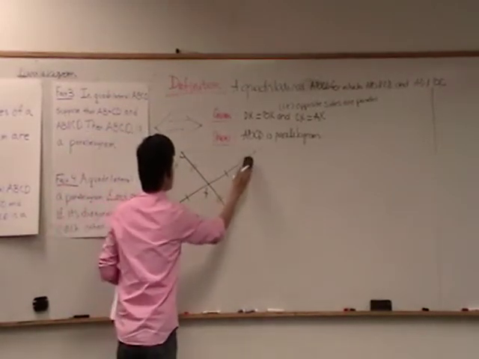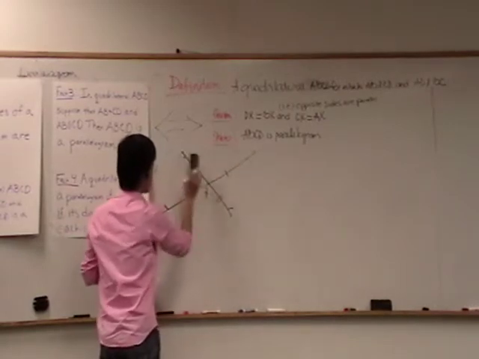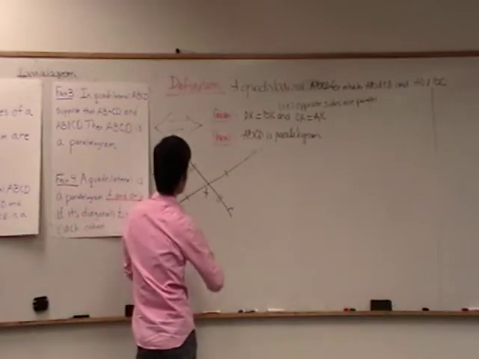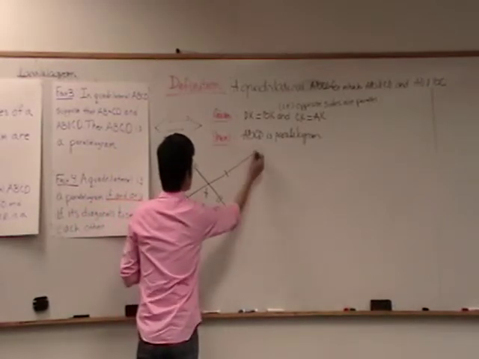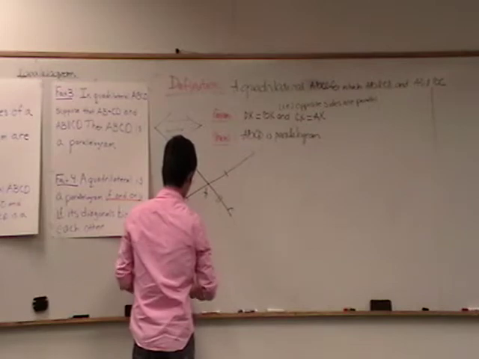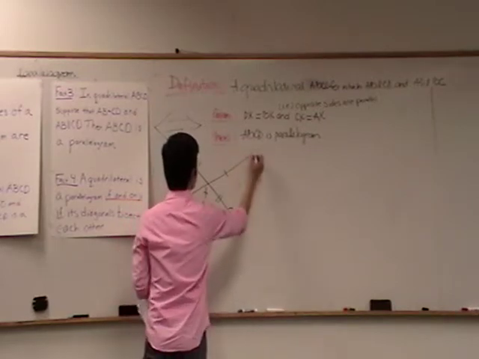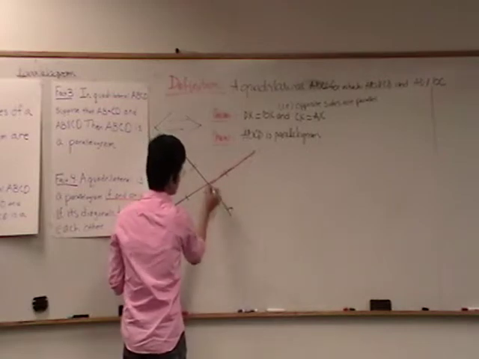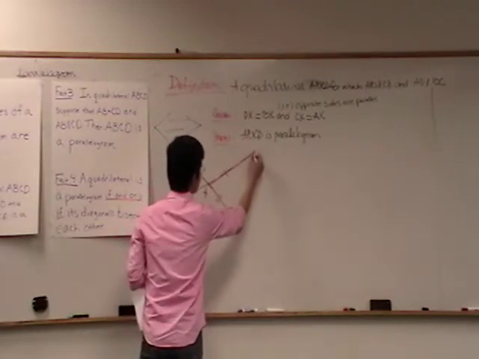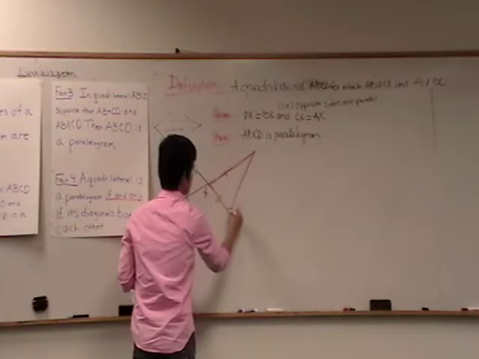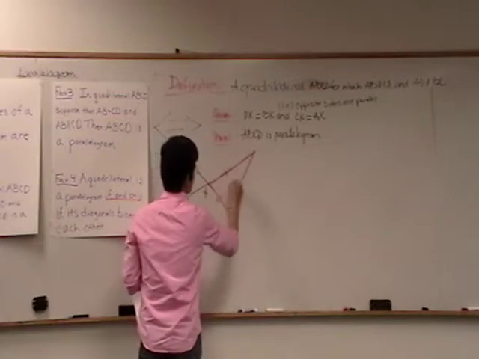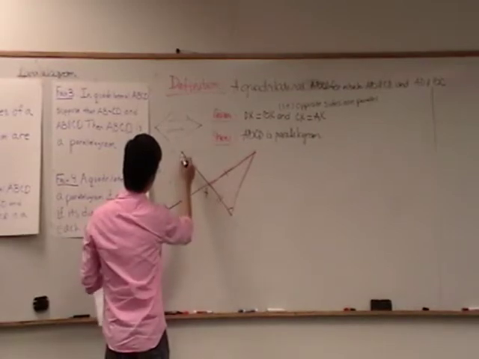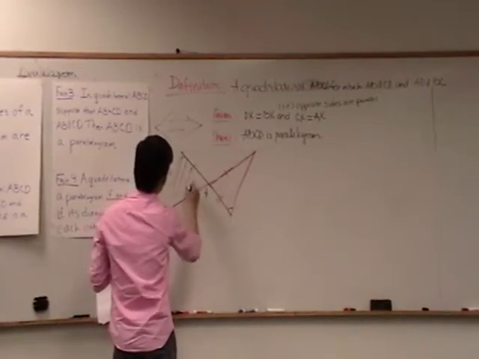So I will show two triangles, BXC congruent to triangle ADX.